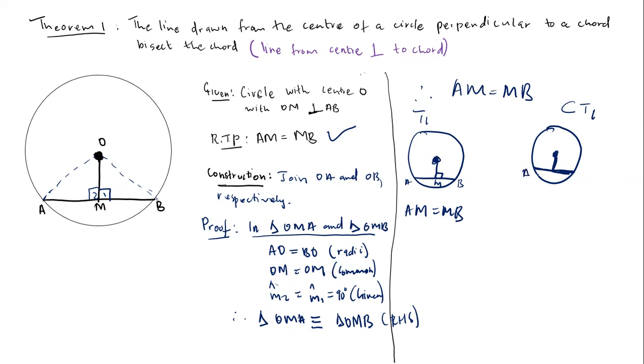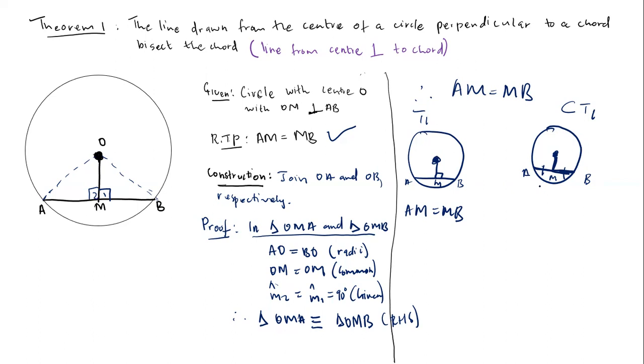Here we have A, M, B. A line from center bisects the chord. So here we are told that AM is equal to MB. So sometimes in the exam, instead of giving you that this is 90 degrees, they rather give you that AM is equal to MB. This is the converse of theorem number 1.